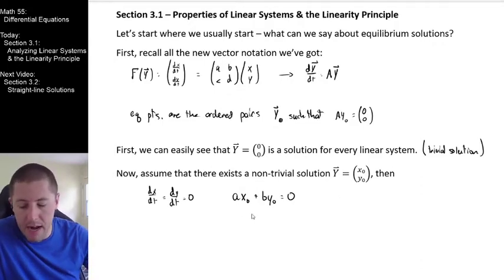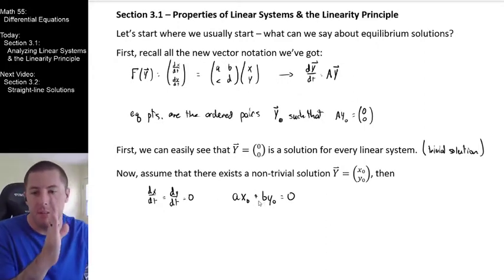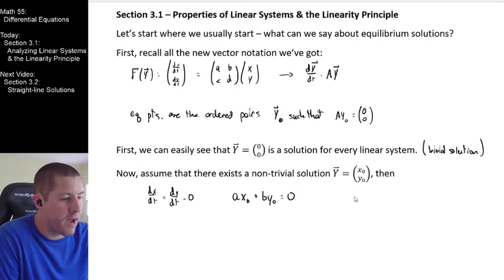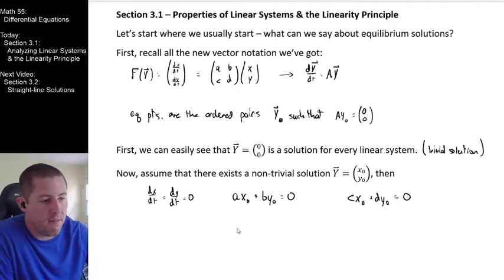I'm going to want to solve a system of equations here, so I'll solve this for x0 and substitute it into our other equation, c x0 plus d y0 equals 0. So let's solve this for x0.